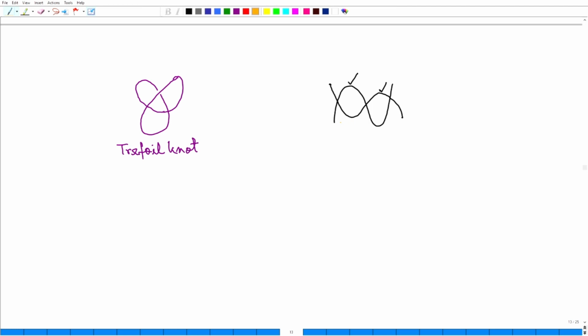So, it is similar to that. And so, this is my linear part and this is the linear part. Okay. So, this linear part, now if you do it like this, then I am getting this particular trefoil knot.